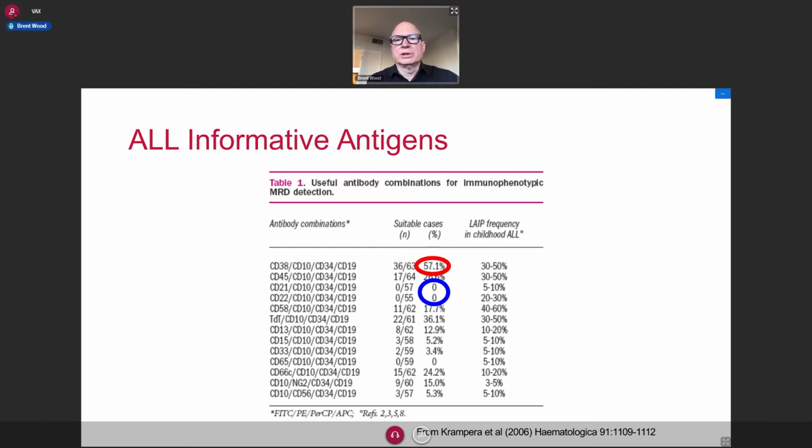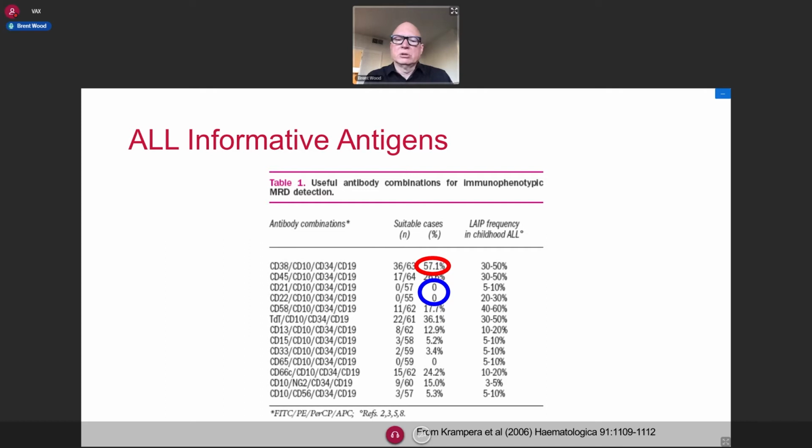What one quickly sees is that at the top, CD38 is very commonly abnormally expressed in B-ALL. So this would be a useful antigen potentially to include in panels for residual disease assessment, whereas antigens like CD21 or CD22, which are commonly expressed on B cells normally, are not abnormally expressed very commonly in B-ALL, and as a result, are probably not as useful, at least for the purpose of residual disease monitoring.